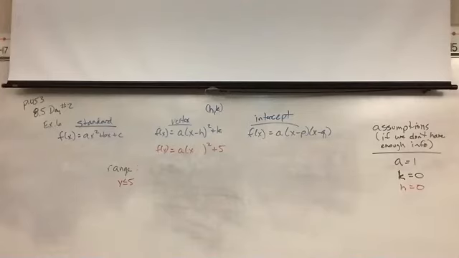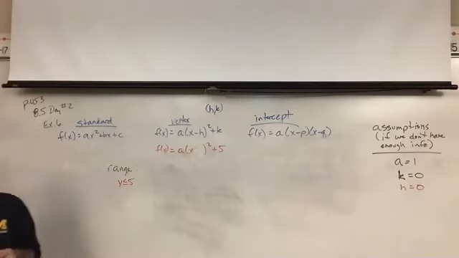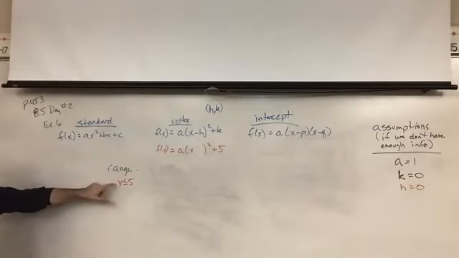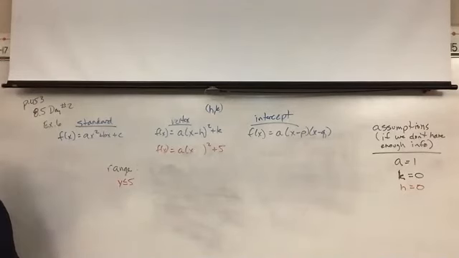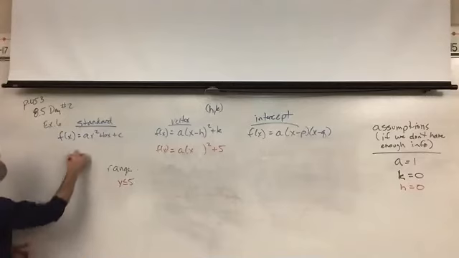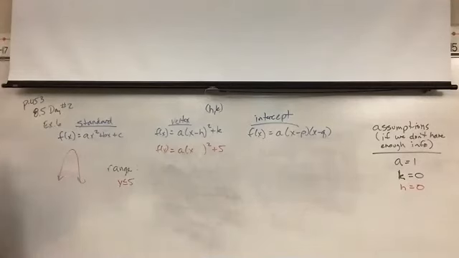What has to be true about A? It's got to be a negative. Why does it have to be a negative? Because the range says y is less than or equal to 5, which means that my parabola is going this way.